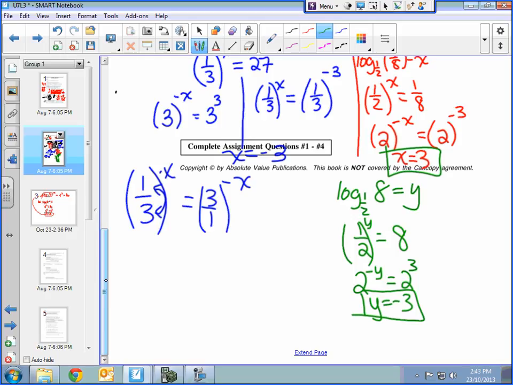If you're making it just a base of 1/2, it'd be 1/2 to the y equals 1/2 to negative 3. Does that make sense?